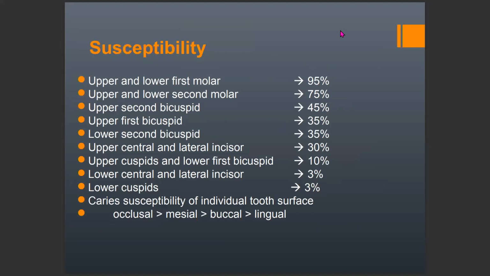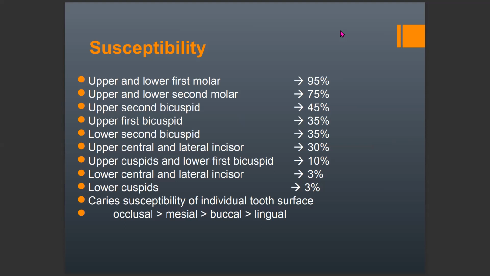The upper and lower first molars are the most susceptible, at 95%. Upper and lower second molars are 75% susceptible for dental caries. Upper second bicuspids are 45% likely to get affected. First bicuspid is 35%, lower second bicuspid has 35% of the chances, upper central and lateral incisors have 30% of the chances to get affected.